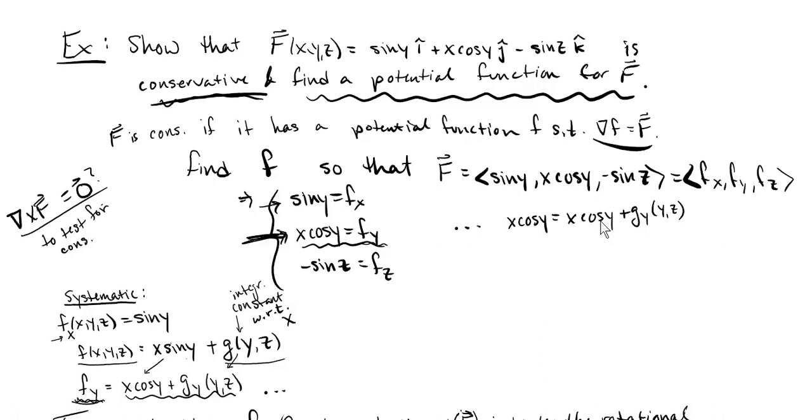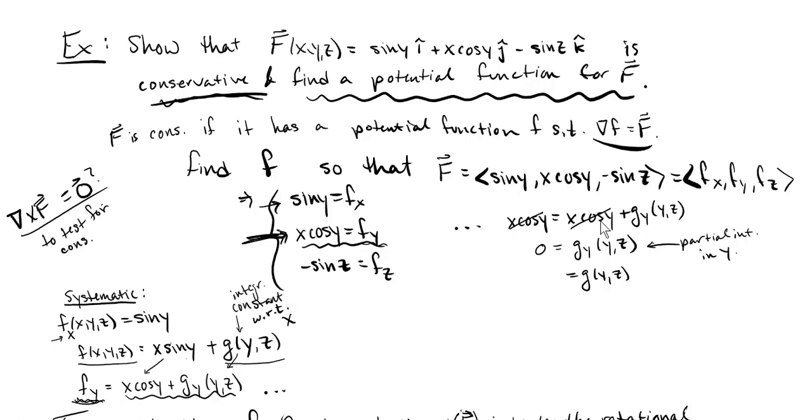Okay. Well, now we can subtract x cosine y from both sides, and we see that this g subscript y, the partial derivative of g with respect to y, has to be 0. Well, that implies, doing partial integration in y, integration on this side in y just gives you g of y z, but if the derivative was 0, the antiderivative is a constant.